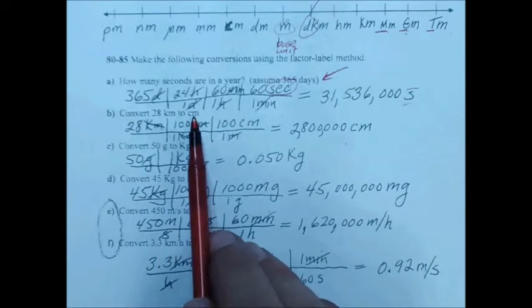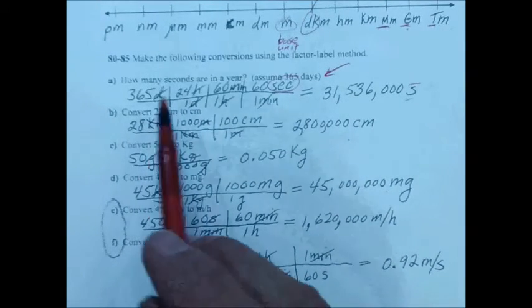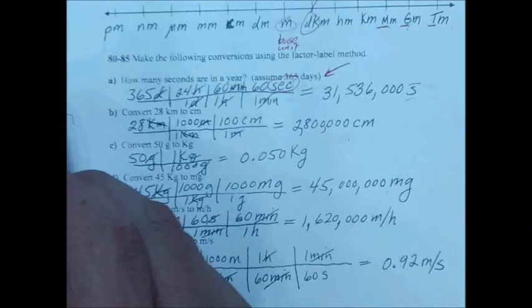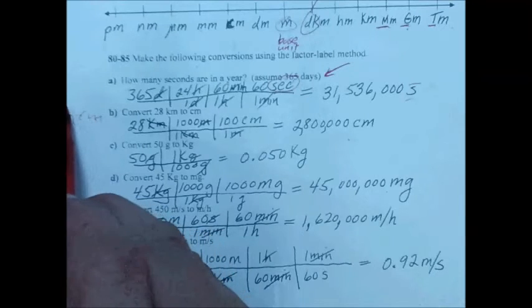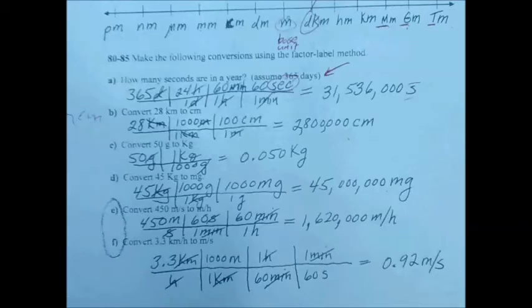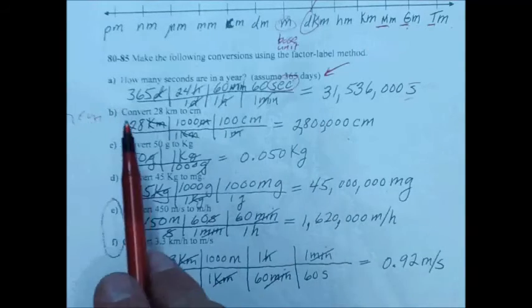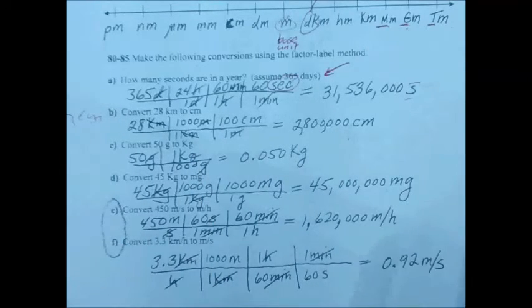28 kilometers into centimeters. Now we can do this with the stair step. We can follow our little stair step pattern, which has kilometers over here and centimeters down here. We can count up 2 to the base unit, and then 3 more to kilometers. And if we do that, we end up with moving the decimal place over 5 times.